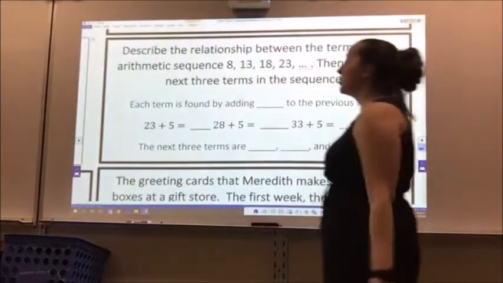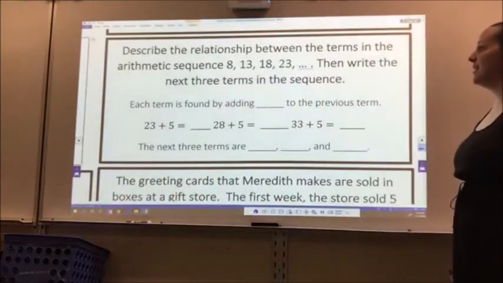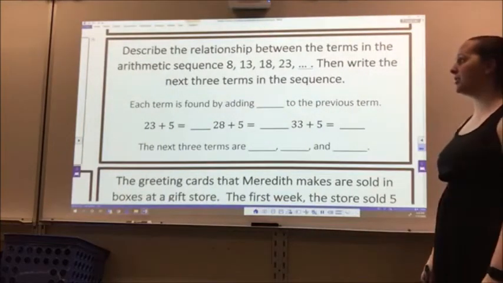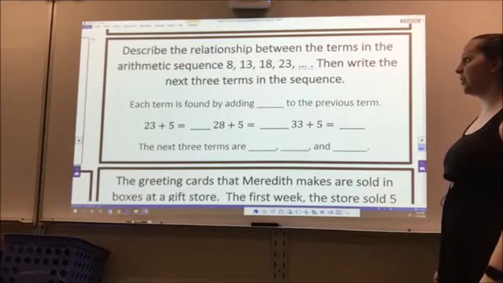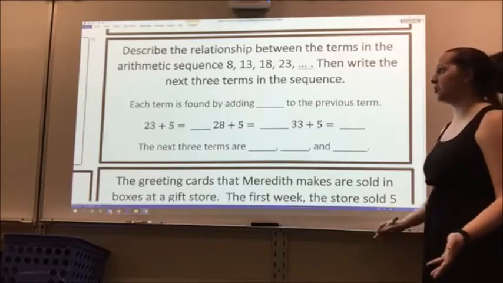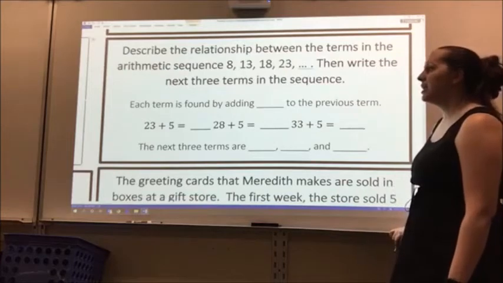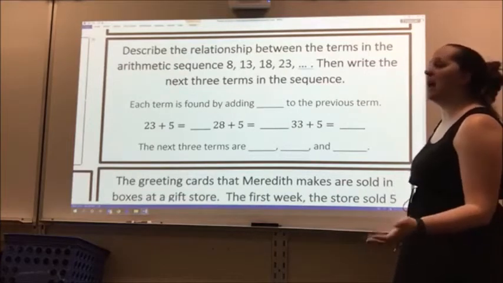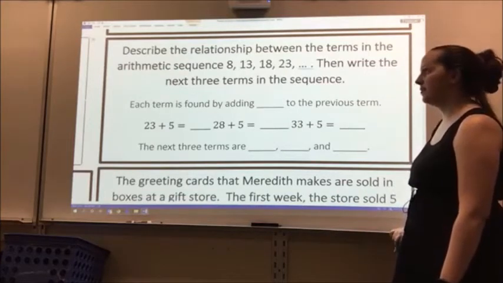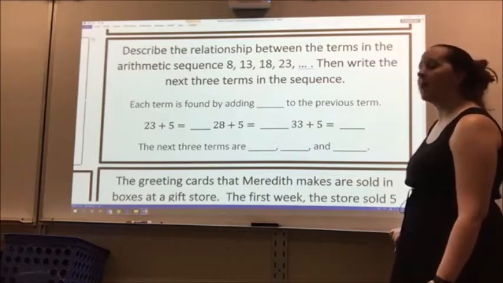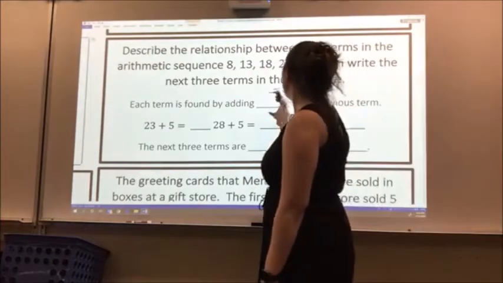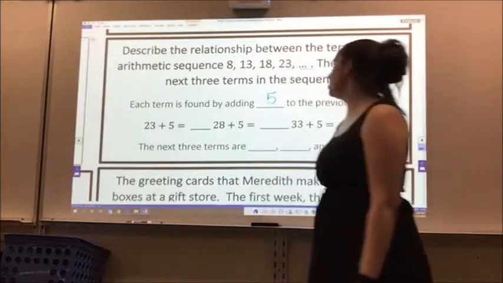Okay, describe the relationship between the terms in the arithmetic sequence 8, 13, 18, 23, and the ... means it goes on forever. Then write the next three terms in the sequence. Each term is found by adding what to the previous term? 5. So I add 5 to each term.